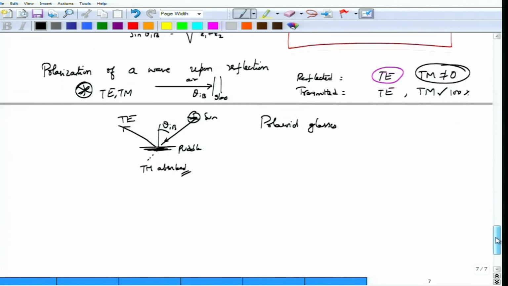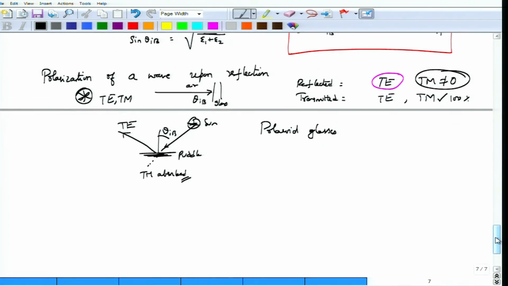A different application of Brewster angle, actually based on the same idea, is that in many laser systems you actually have to select only a particular polarization. In order to select a particular polarization, what we do is we put a glass plate up here. This glass plate is positioned in such a way that light incident onto the glass plate, with the normal to the glass plate, will be at an angle of theta IB, the Brewster angle.